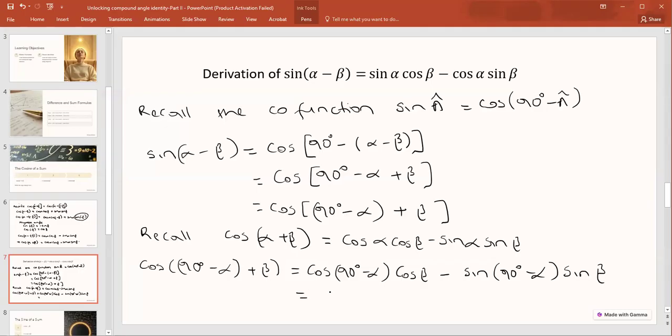We can use the co-function identity to obtain sine of alpha times cosine of beta minus cosine of alpha times sine of beta. So our conclusion is that the sine of alpha minus beta is equal to sine of alpha times cosine of beta minus cosine of alpha times sine of beta. Now let's move on to our next proof.